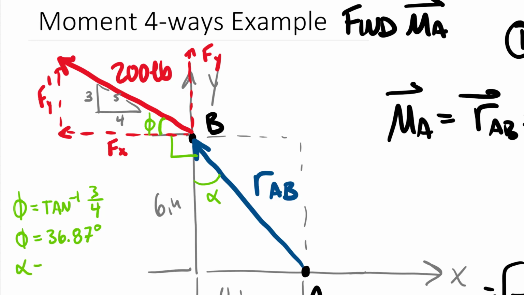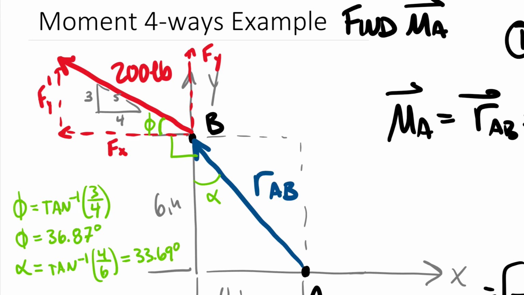And then our alpha is equal to, I can also use an inverse tangent here, so I have an inverse tangent of 4/6. And that is equal to a value of 33.69.